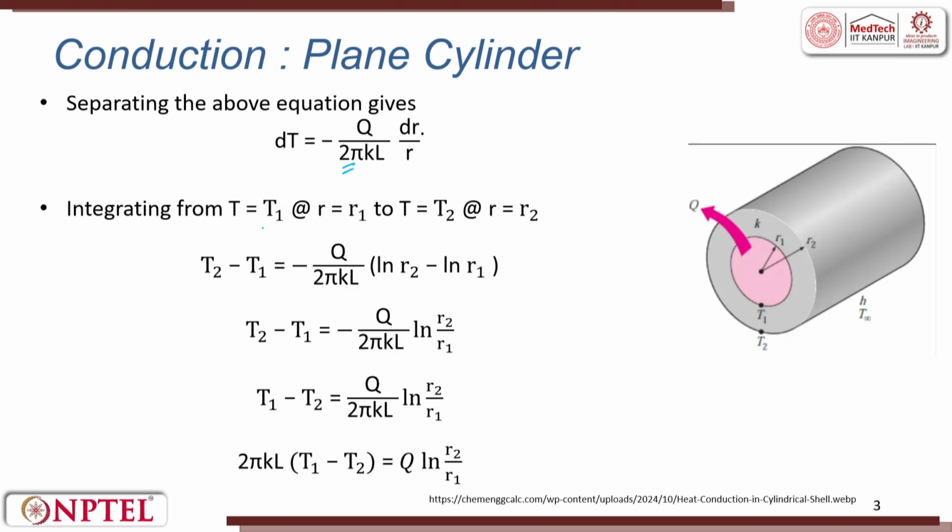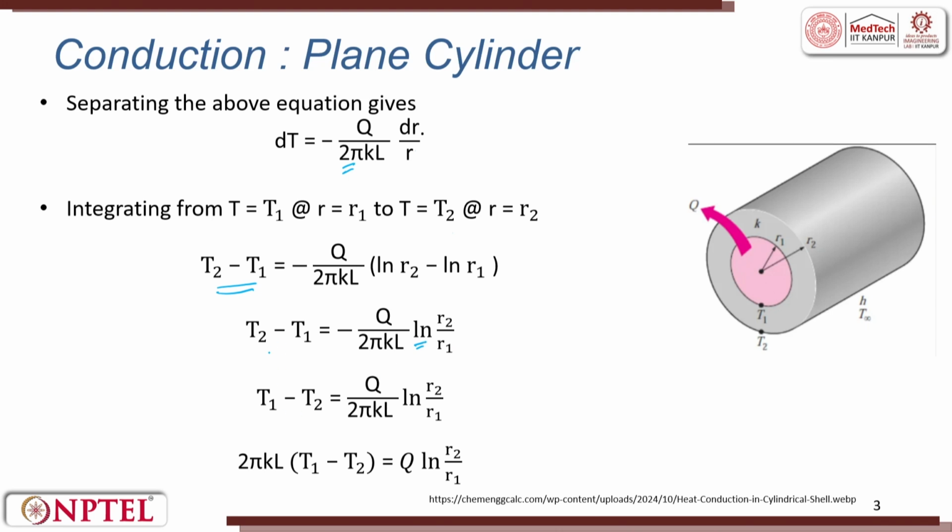Integrating from T equal to T1 and r equal to R1 to T equal to T2 and r equal to R2, we get T2 minus T1 is equal to minus Q divided by 2 pi KL times natural logarithm of R2 minus natural logarithm of R1. Now I take the natural logarithm out, so it becomes R2 by R1.